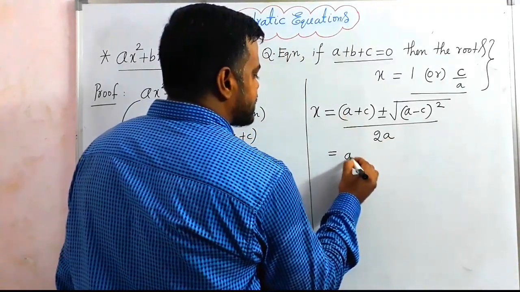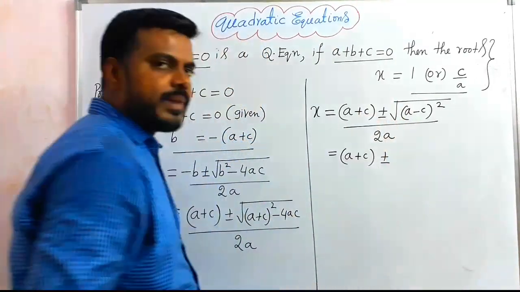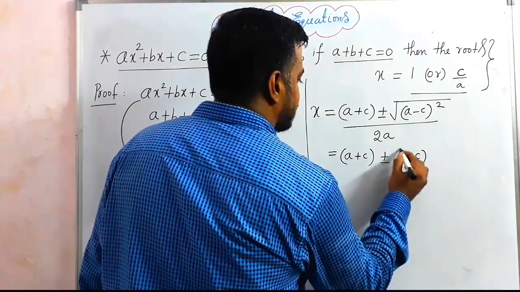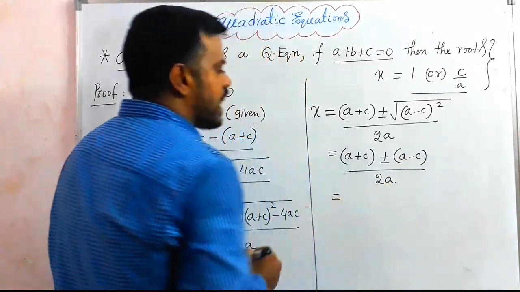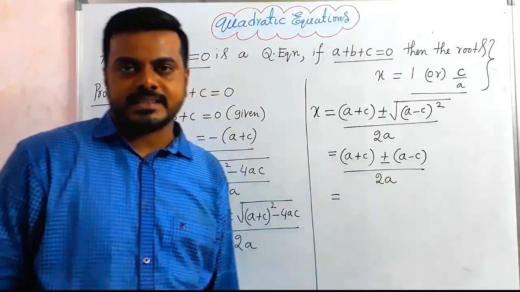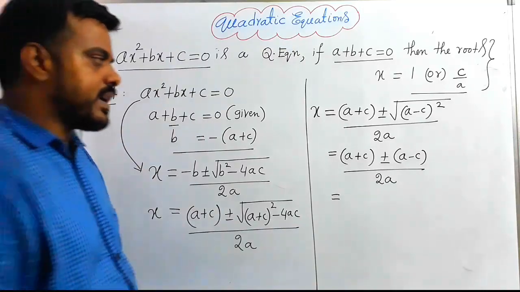Now root of a minus c whole square is nothing but a minus c, whole by 2a. If you observe here, the roots are with plus or minus, so take one with plus, the other with minus.